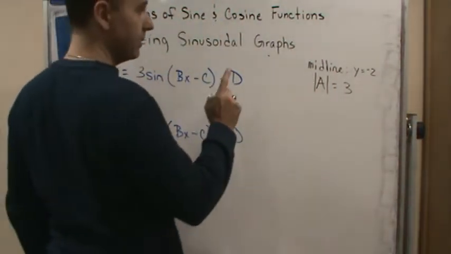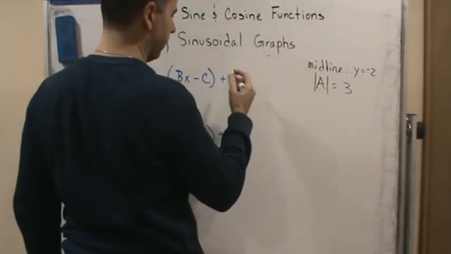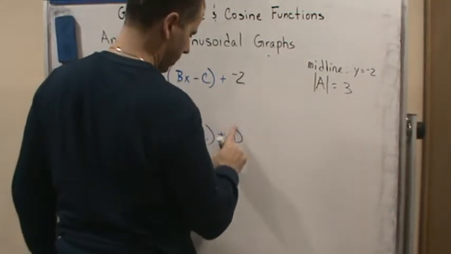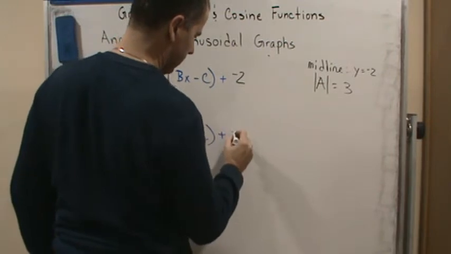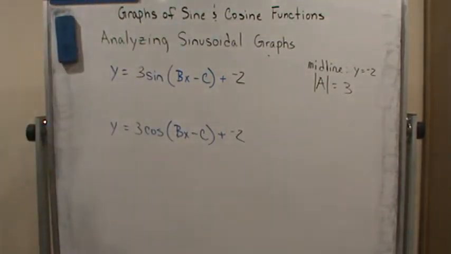So we know that D is -2, so we can fill that in. Okay, so now the only thing is trying to figure out what B and C are.